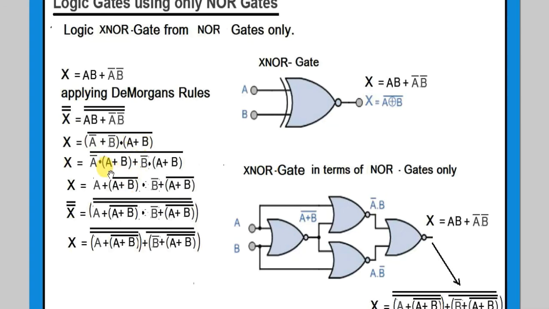Then we multiply these two: A into A complement, A into A complement, A complement into A plus B, B complement into A plus B. Then we drop this again and apply this complement on it, then this product is again further expressed in terms of sum, and the sum in terms of the product.